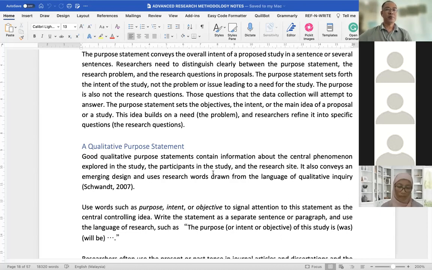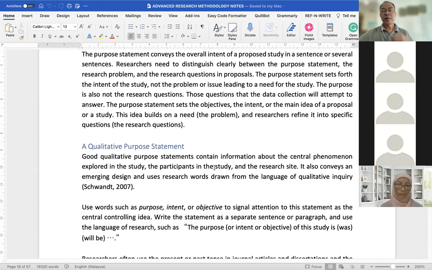It should mention, for example, in a sociology study that wants to research some type or some group of people, for example, the native people. Those are the participants of the study.